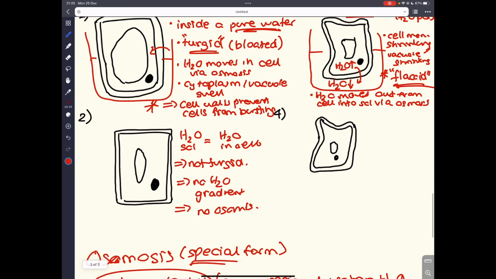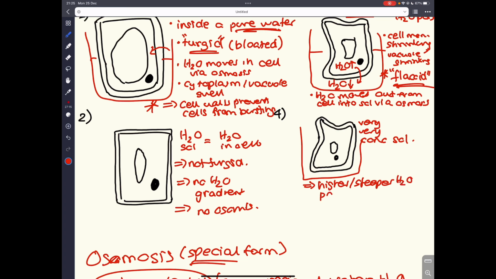Now figure 4 shows a plant cell when you put it inside a very, very concentrated solution. If you put the plant cell in an even more concentrated solution, it means there's a higher or steeper water potential gradient, right?